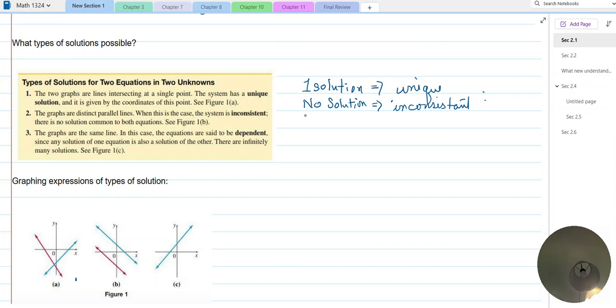And then we can have all solutions, which we call dependent.